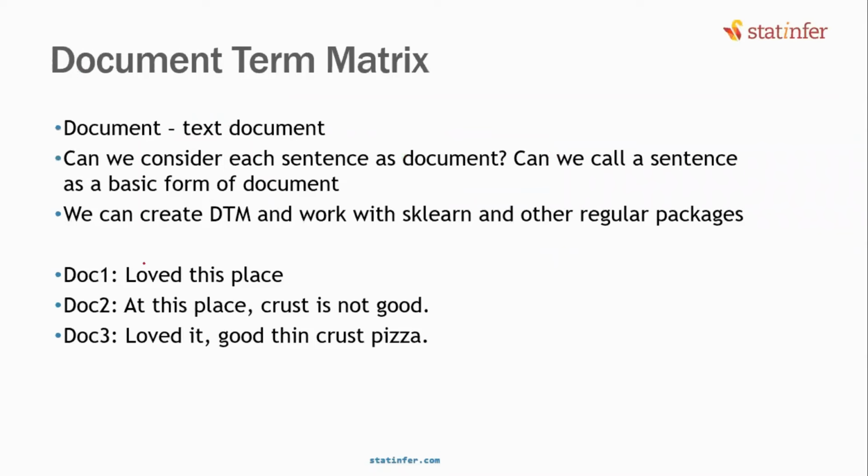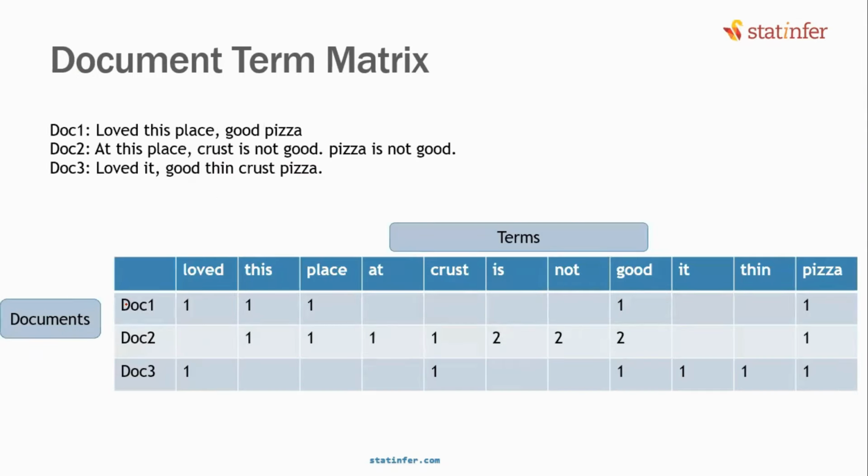Let us suppose you have 3 reviews, 3 documents. "Loved this place" is 1 review, then the 2nd review, the 3rd review. In a document term matrix, the rows are documents. We have 3 reviews, so there will be 3 documents, that means 3 rows. The rows are documents. The columns are the terms or the unique words: loved, this, place, at, and all that. So this is the document term matrix.